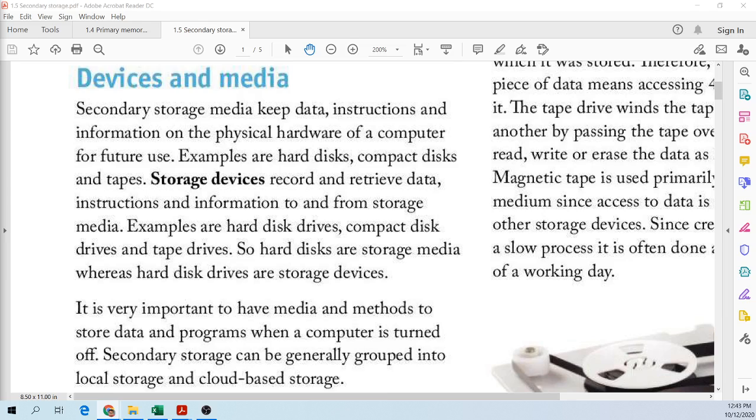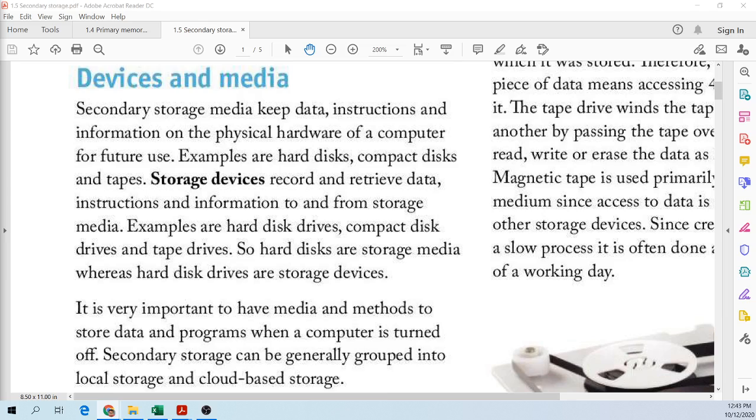Shamani? Apparently persons are just joining classes and are not in class. Sierra? Sir, from secondary storage media. Yes. The two paragraphs.